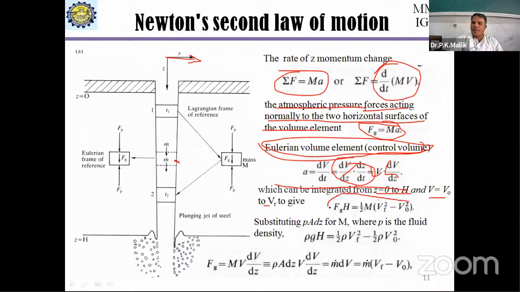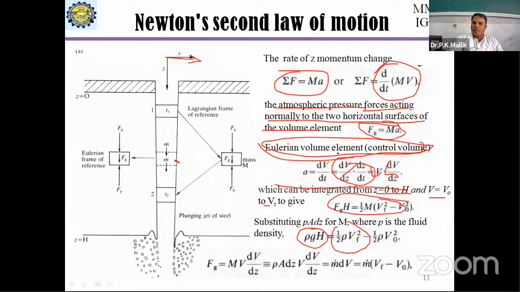Then you have to find the force, which is equal to half m into v square minus v0 square. When you substitute, you will get rho g h, and this you can again convert to half rho v square minus half rho v0 square.